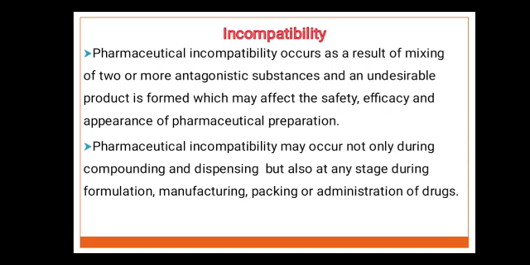Antagonistic substances means when the action of one drug is opposed by the other drug on the same physiological system, it is known as antagonism, and those substances are known as antagonistic substances, and they form an undesirable product. Undesirable product means one which is not of the desired quality or quantity, which may affect the safety, efficacy and appearance of the pharmaceutical preparation.